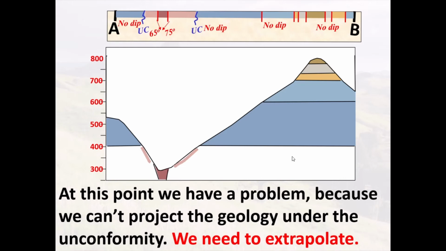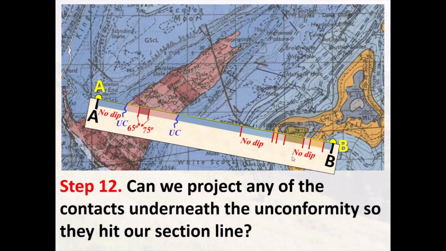So what we need to do is go back to our map and extrapolate. So looking back at our cross-section strip against our map, underneath that big part of our unconformity that we're not sure of, can we project any of the contacts in the Cambrian rock to where they'd intersect our cross-section if we were to continue them?